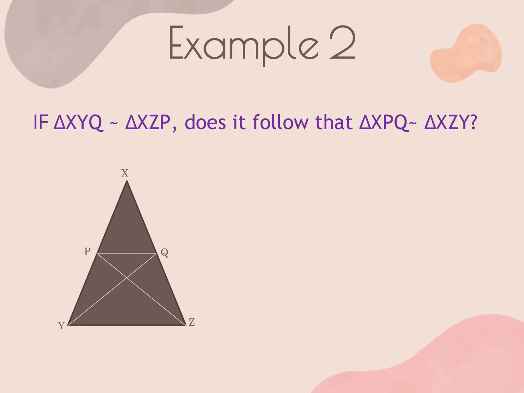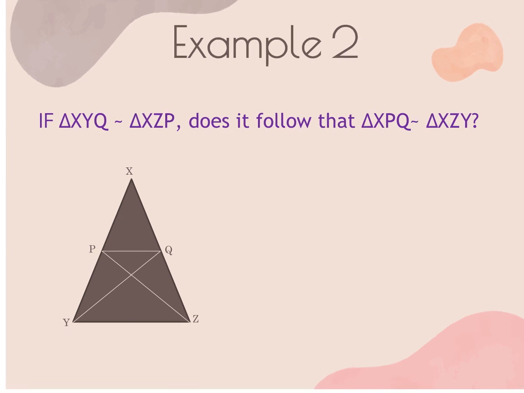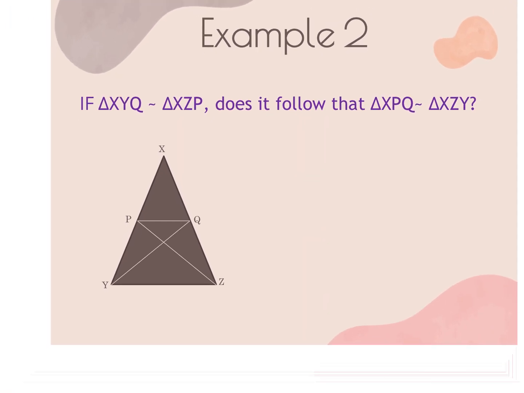Okay, so for example 2, they're giving us the fact that if triangle XYQ, which is right here, this one on the side, is similar to triangle XZP, can you show that this one, XPQ, is similar to XZY?